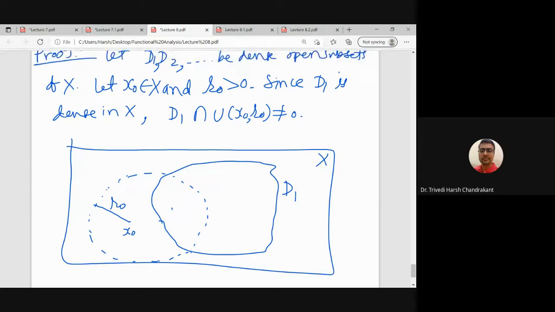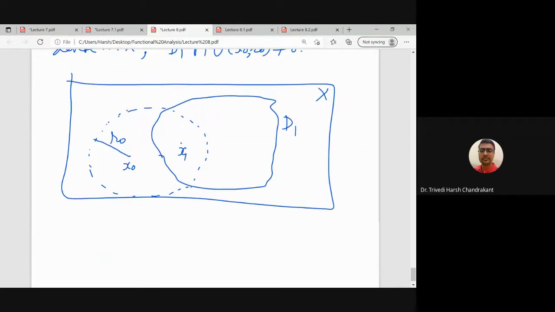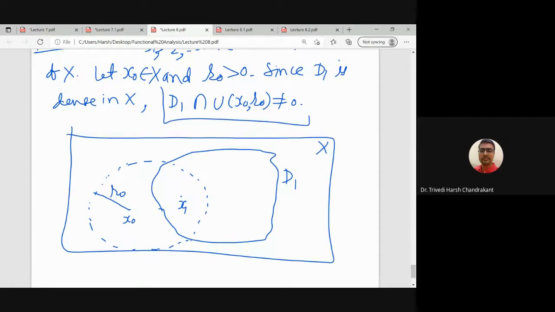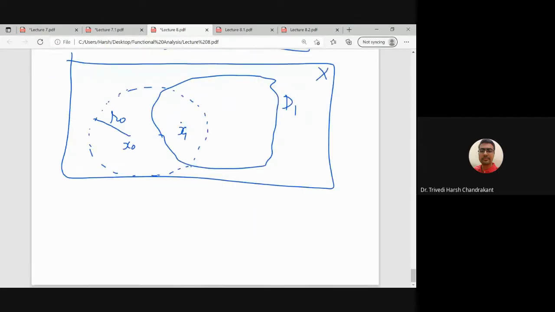Then it intersects with D1. Let us say it intersects in the point X1. Since this intersection is non-empty, there exists X1 in X such that X1 belongs to the open disk centered at X naught with radius R naught, intersection D1.